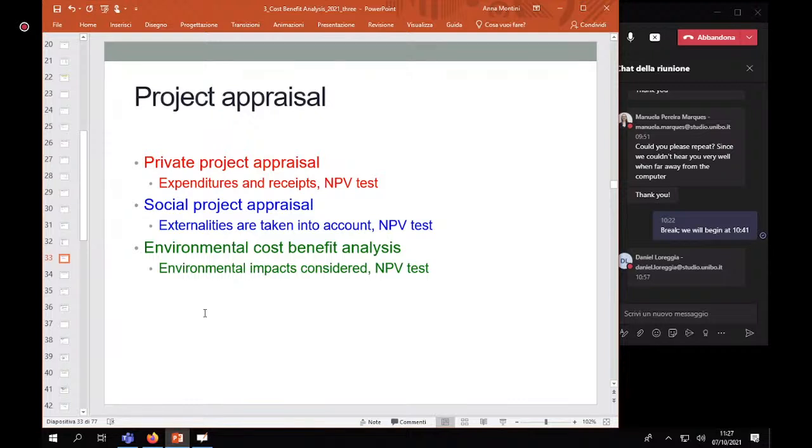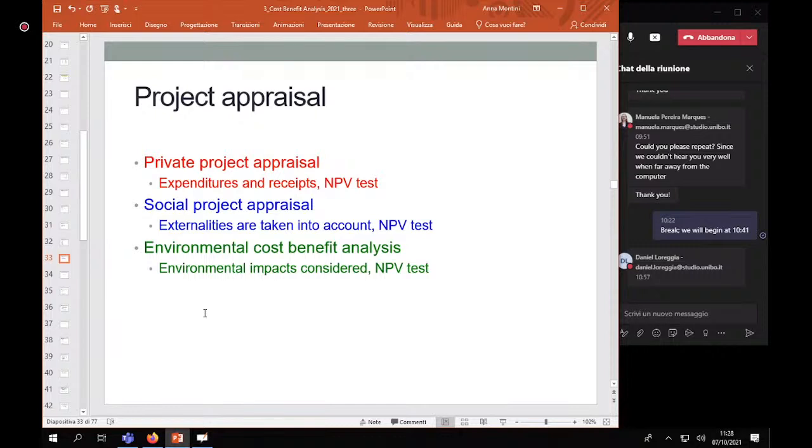So it depends on the figures that you have and on the kind of project that you have, but at the end, you can always calculate the net present value test. If you have a project that involves the society, but with environmental effects, we can call it a sort of environmental project appraisal or environmental cost-benefit analysis, but you have to consider all the environmental impacts. At the end, you can, again, calculate the net present value.